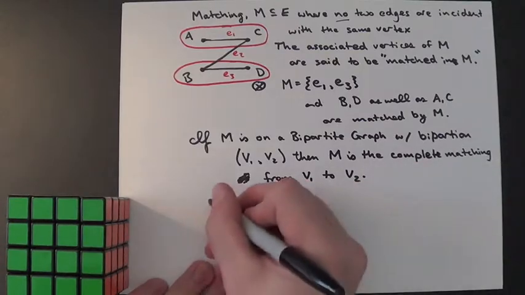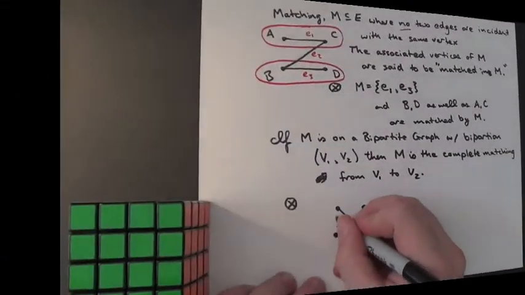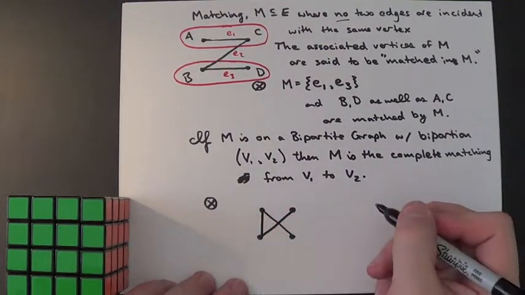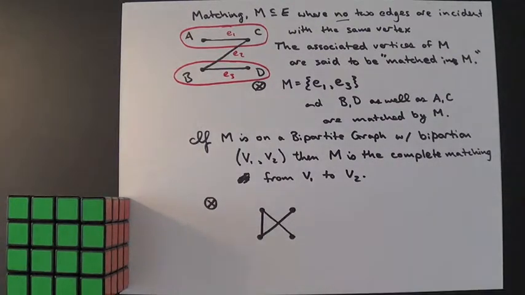For example, this graph, which we've seen earlier, has V1 up here and V2 down here.